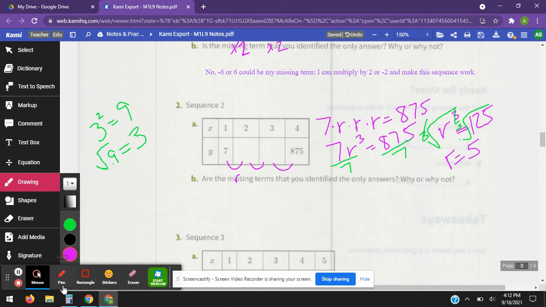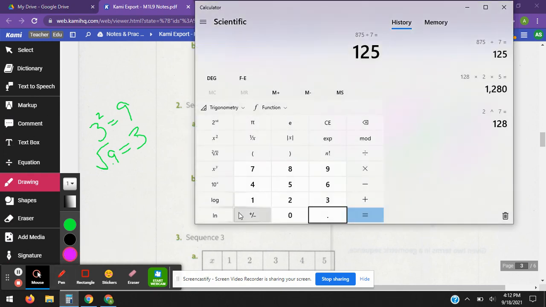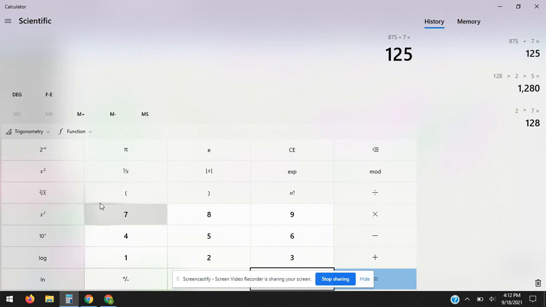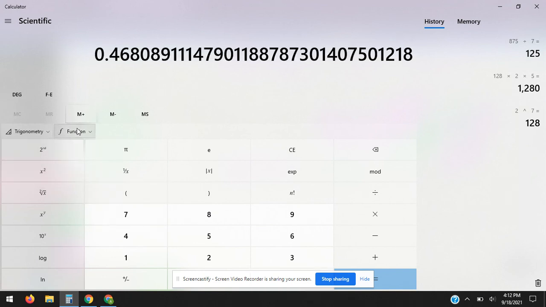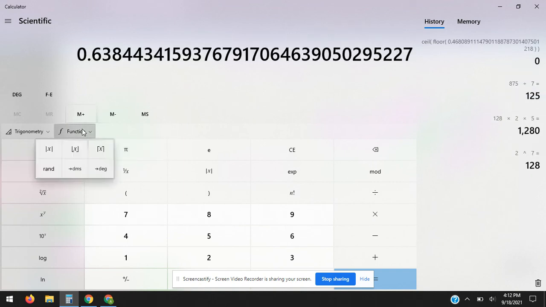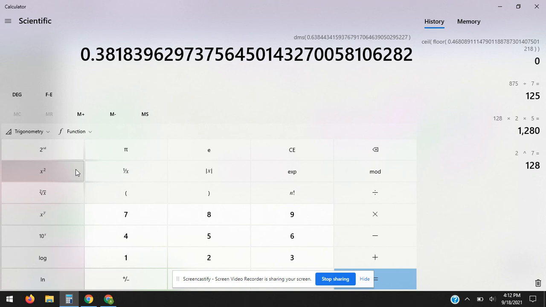So one way, I'm going to show you this on a calculator. I think I've got it on this guy. Oh, nope, I'm going to have to make it bigger. Let's see if I can find my functions. I don't see my functions on here.